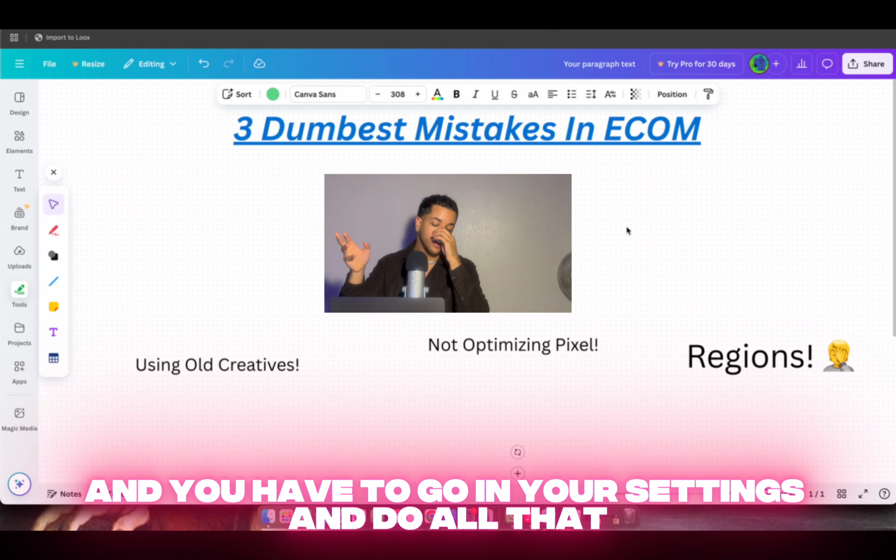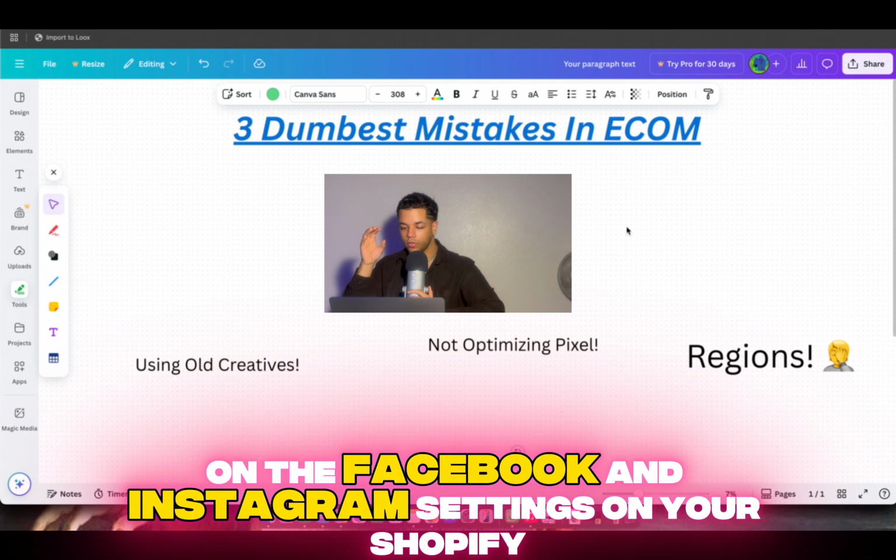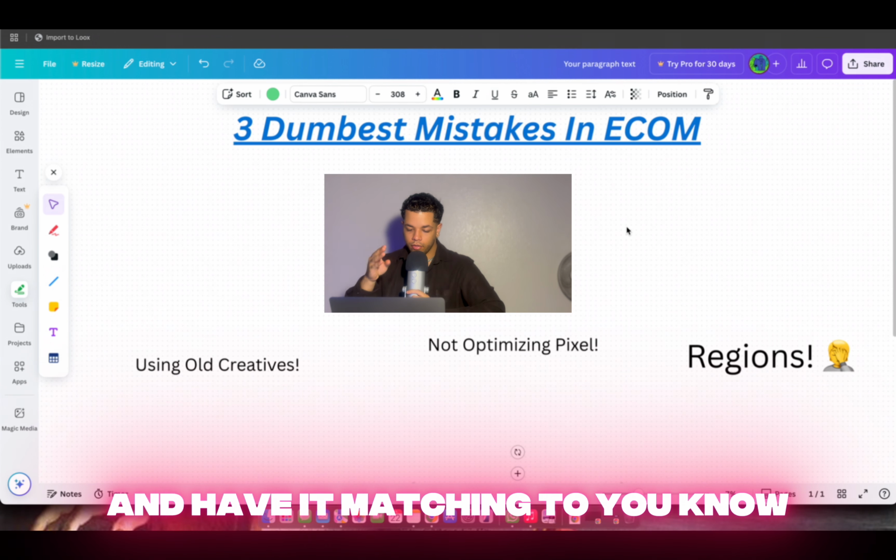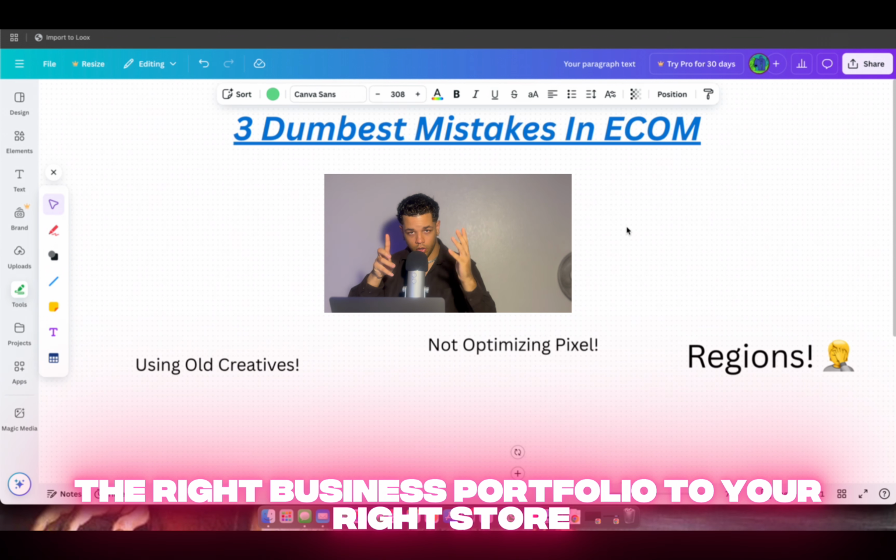You have to go in your settings, in the Facebook and Instagram settings on your Shopify, and have it matching to the right business portfolio, to your right store and all this.